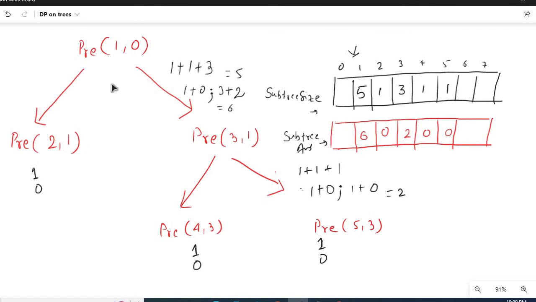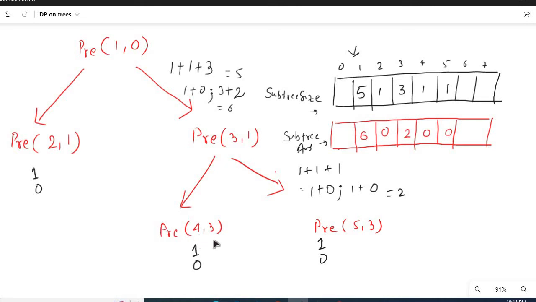So here we see what we have to do. For calculating the sum of the distances of all the nodes that are present in that subtree, we go recursively and we hit the bottom case.